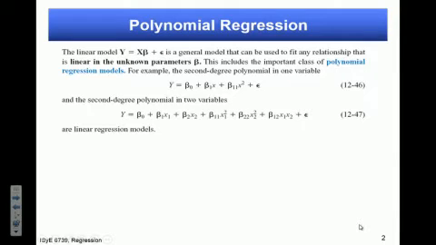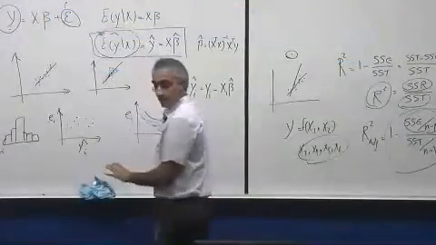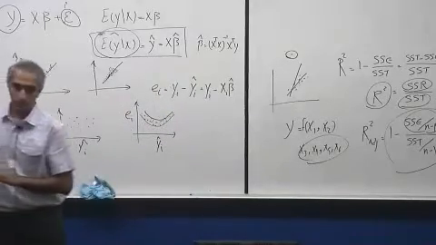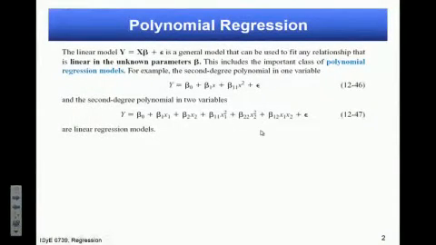When you have a quadratic form, let's say you want this form which is quadratic, or for two variables it's quadratic plus interaction, what should you do? I think we discussed this before. You just need to frame it as multiple regression. For example, let's say this model, I want to frame it as multiple regression.